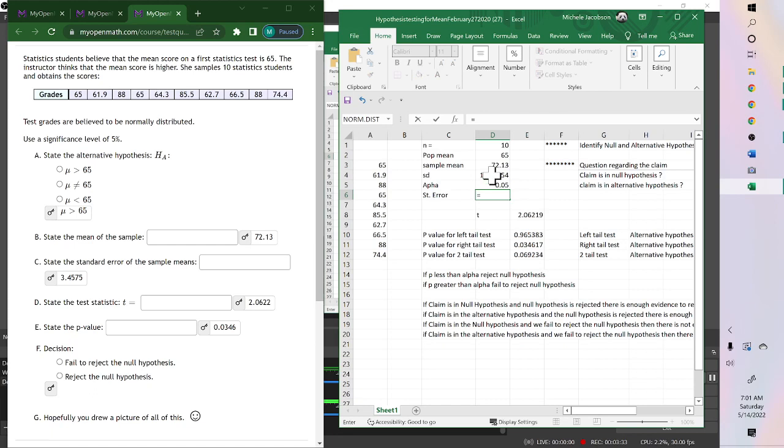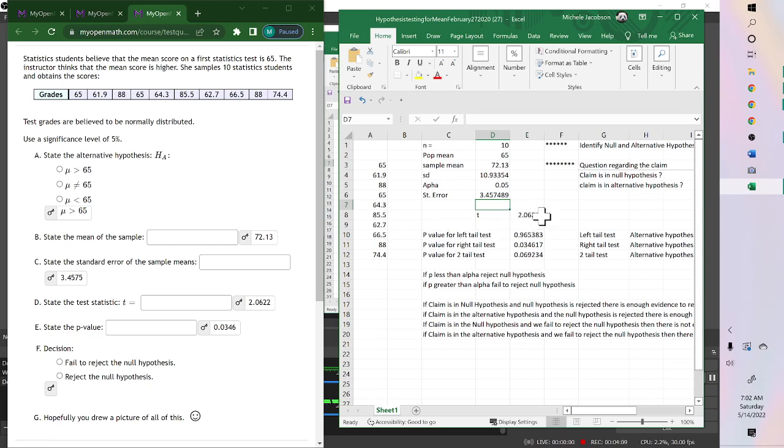Now to find standard error, you take standard deviation and divide by the square root of the sample size. And so that's our 3.4575. But to find your test statistic and stuff, you want to leave this as the standard deviation. But if they ask for standard error, just divide by the square root of n.